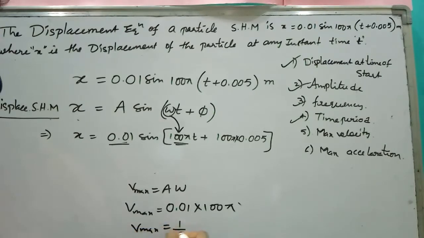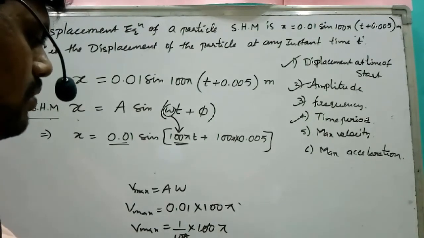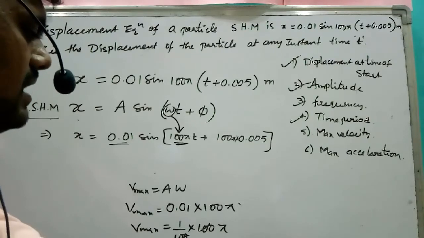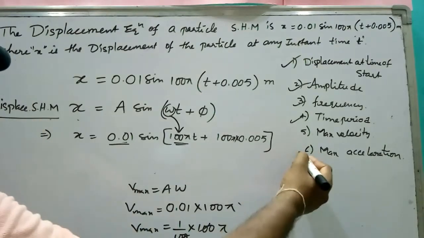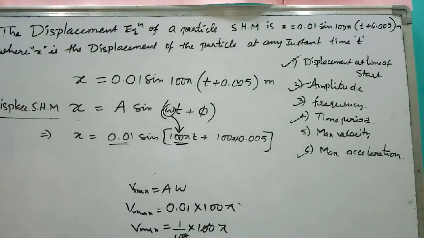So 1 by 100 into 100 pi. The 100 gets cancelled. Then V maximum value is pi meter per second, which means 3.14 meter per second. This is the answer.